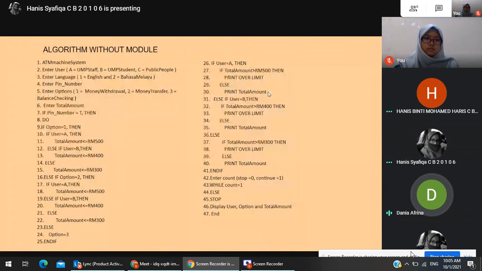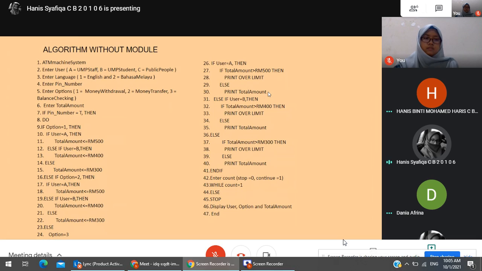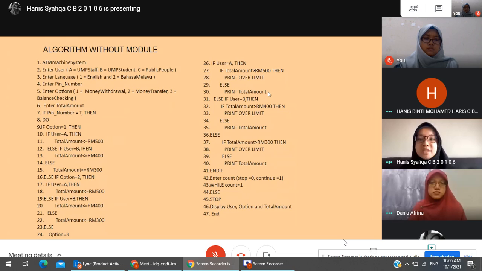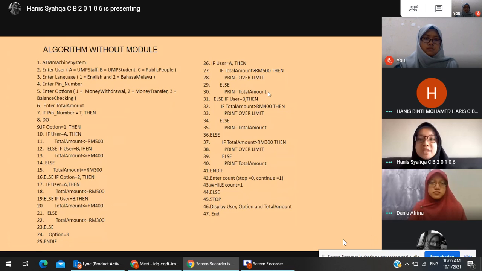So this is the algorithm without modules. We start with the name, which is ATM machine, the PIN, the option, and the total amount. If the PIN number is true, then the user will continue by choosing the option and type of user. As I stated, if the total amount is over the limit, it will print over limit.